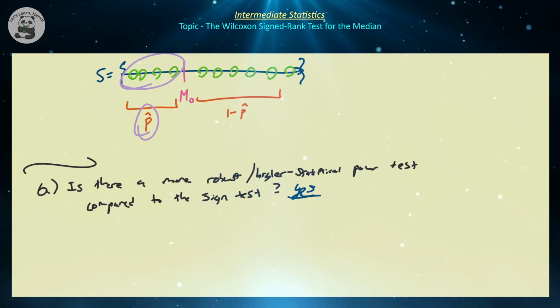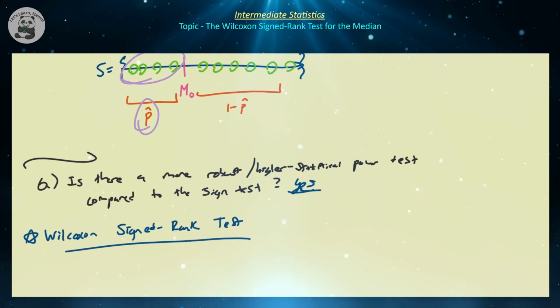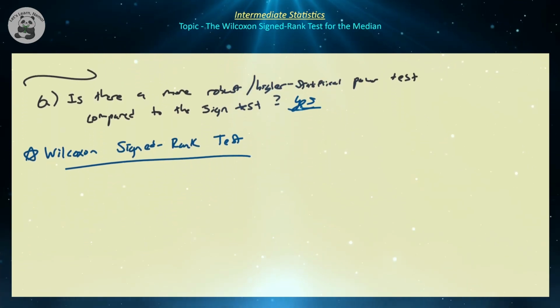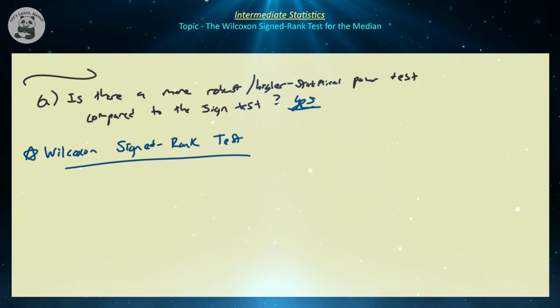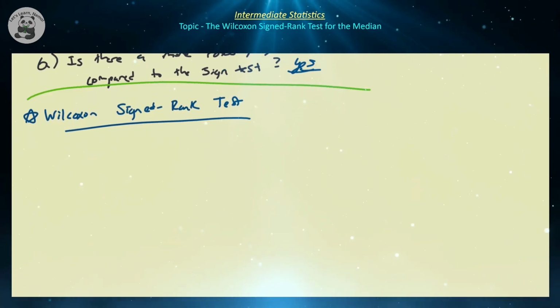And which test is that going to be? That will be the Wilcoxon Signed-Rank Test. So we're not only going to be looking at the signs of the values to the left and to the right of our claim value, we're also going to be looking at the ranks of those values with respect to the median. So let's walk through and introduce the Wilcoxon Signed-Rank Test with a nice numerical example.